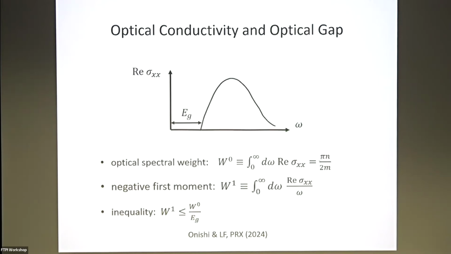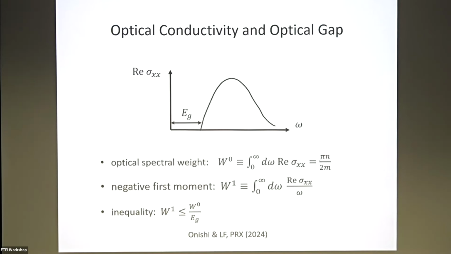But one thing we know is that if you look at the whole area of this curve, the integrated area of the real part of sigma, this is the so-called optical spectral weight. And by the f-sum rule, it's equal to pi n divided by 2m, where n is electron density and m is the free electron mass, if you extend this integration all the way to infinity.